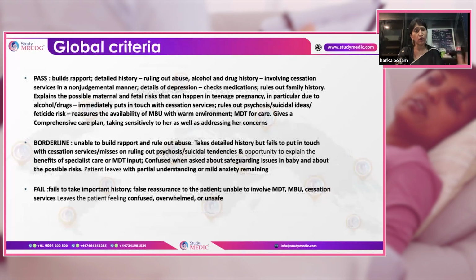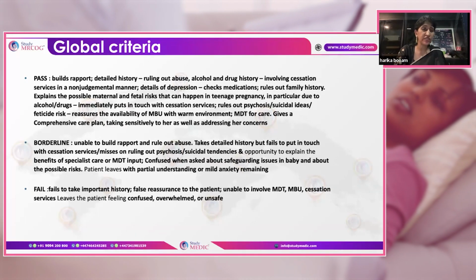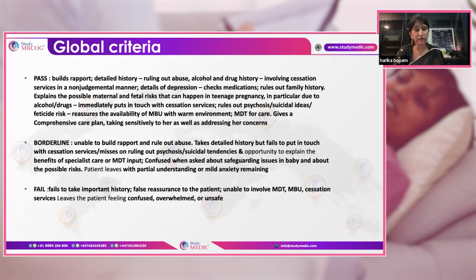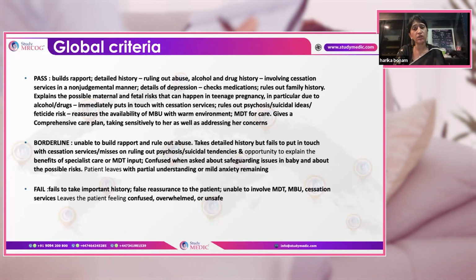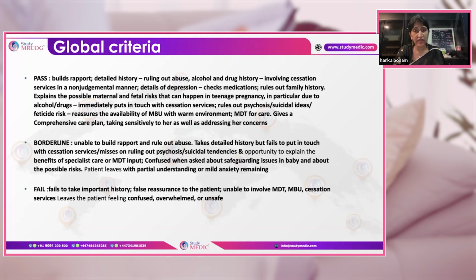And the global score, or overall, a pass score will be given in teenage pregnancy if you initially build up the rapport, take a detailed history, rule out abuse, grooming, and rule out drug abuse, alcohol.